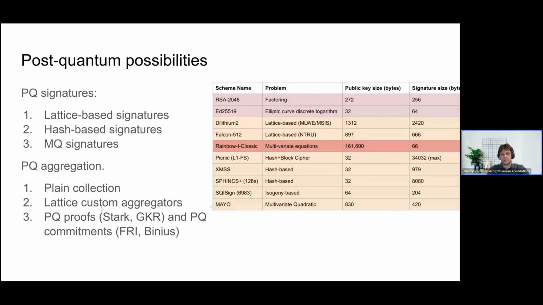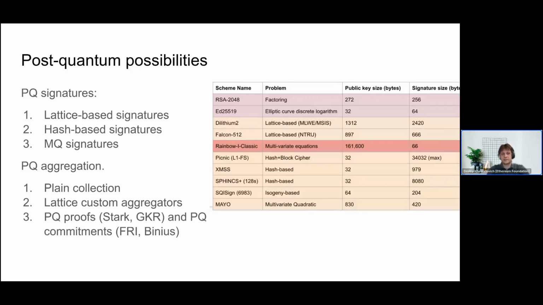If, for example, we employ custom aggregated signatures based on lattices, then we put all the eggs into one basket by relying on lattices on each step, the signature step and then the aggregation step. Whereas if we use different machinery for proofs than for signatures, then we can replace one of them without hurting the other, hopefully.